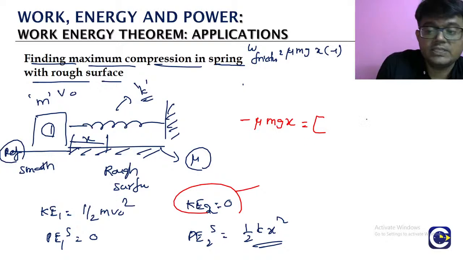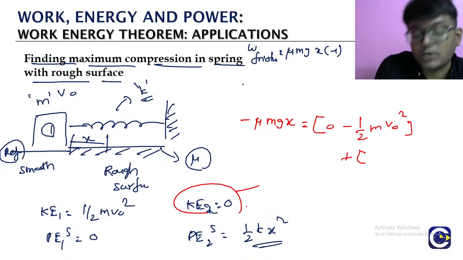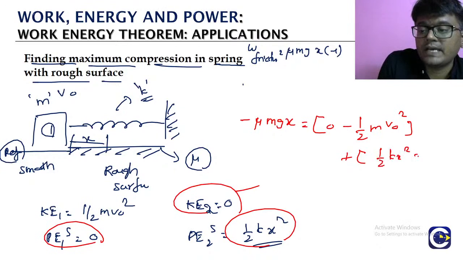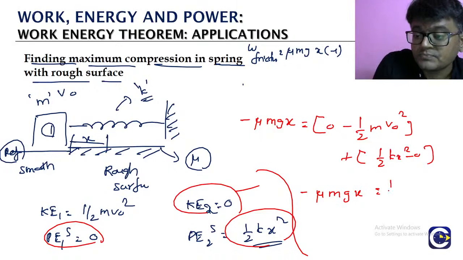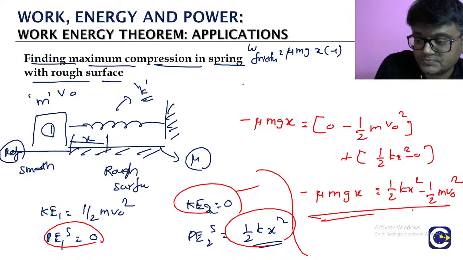Finally 0, initially half m v naught square, so 0 minus half m v naught square, plus change in potential energy. Finally we have the spring potential energy half kx square, initially 0. So finally half kx square minus 0. So look at this, we'll have minus mu mgx is equal to half kx square minus half m v naught square.